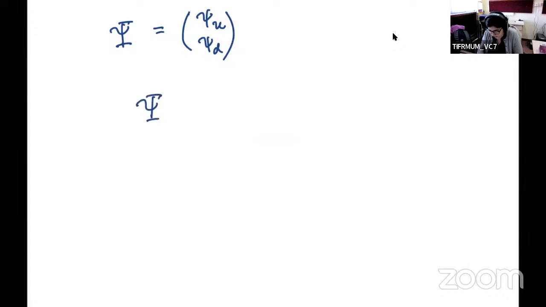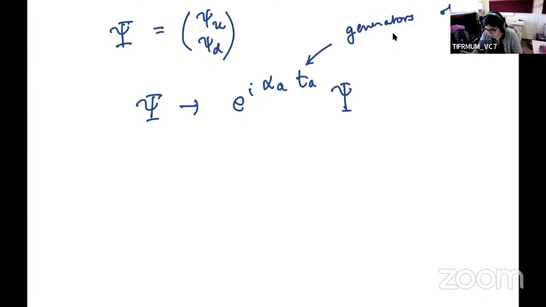And the internal transformation then looks like your psi goes to e to the i alpha a T a psi, where these T a are generators of the algebra of the internal symmetry.